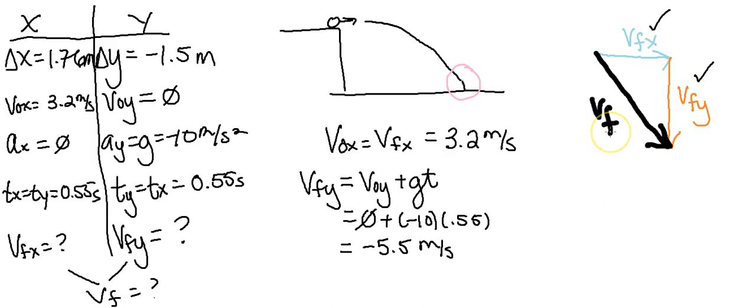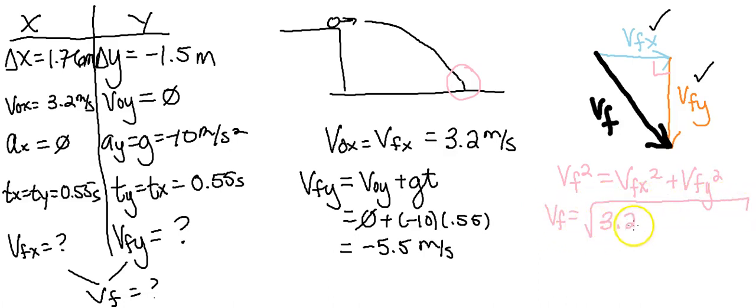So now we have to find the actual v final. So since this is a right triangle, because we're in the x and y direction, we can use Pythagorean theorem. So v final squared is equal to v final x squared plus v final y squared. So that's going to be v final equal to the square root of 3.2 squared plus negative 5.5 squared. And then the negative is going to cancel out when you square it.